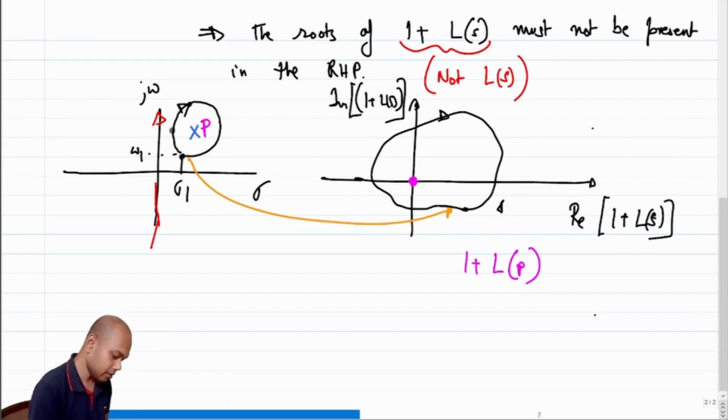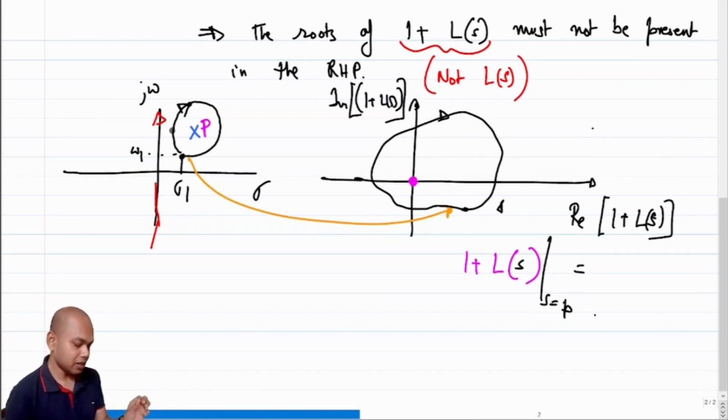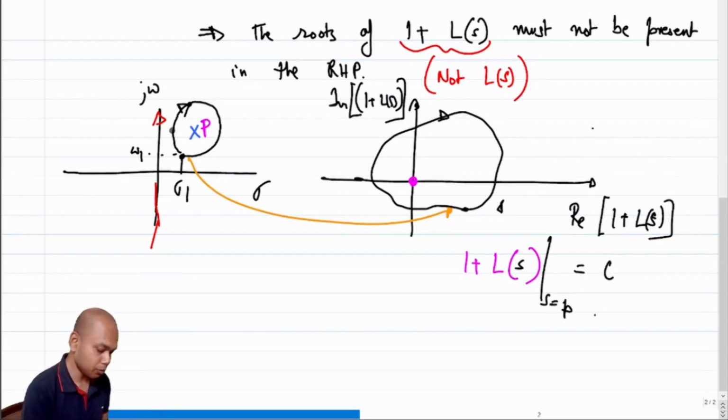By definition, if p is supposed to be the root of 1 plus L of s, then at p, 1 plus L of s has to be 0.